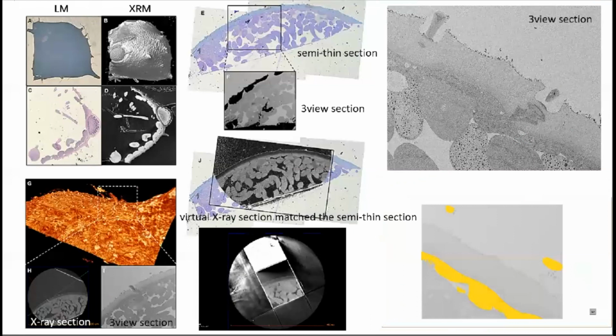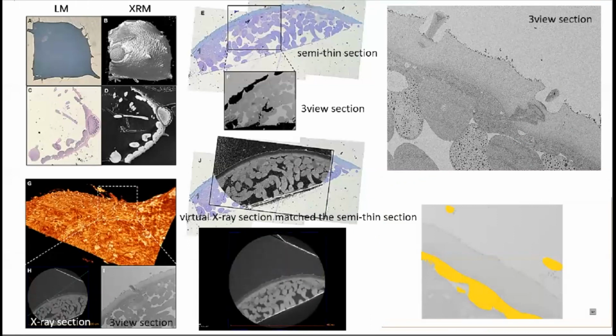So we used the X-ray microscope to locate the sensors, and the sample typically processed for serial block face imaging can be scanned with the X-ray microscope.